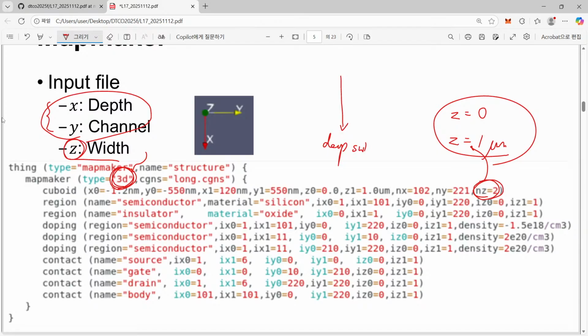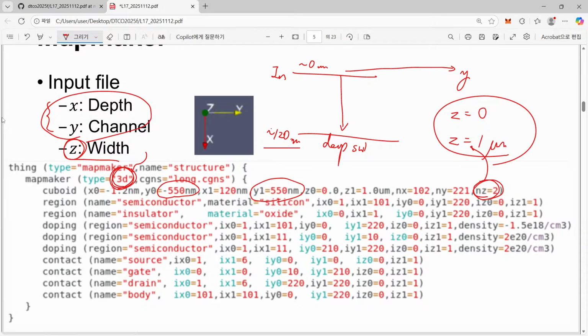Close to number 0, we have the interface. So the interface is around 0 nanometer in our X position, and deep substrate is around 120 nanometer. And now we have a certain length scale along the Y direction, which starts from negative 550 nanometer and ends at positive 550 nanometer.